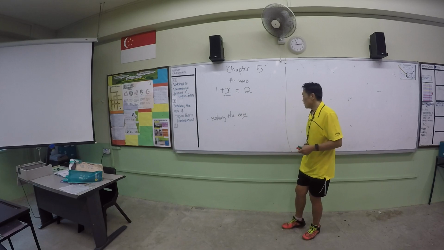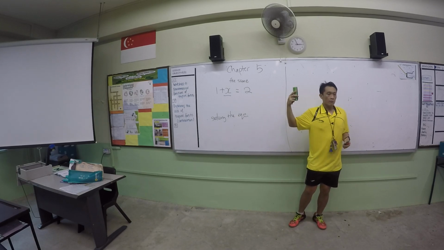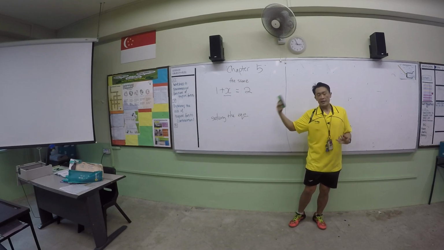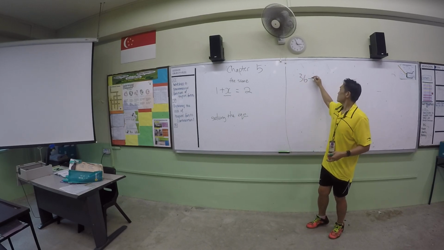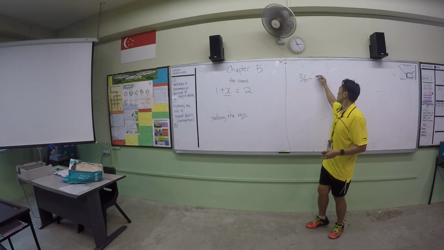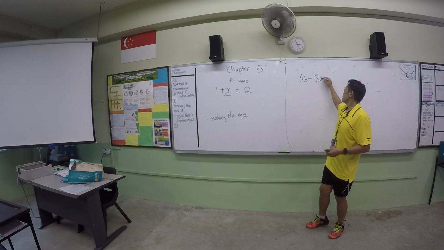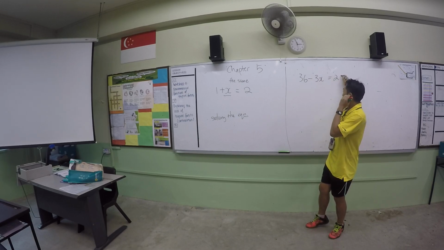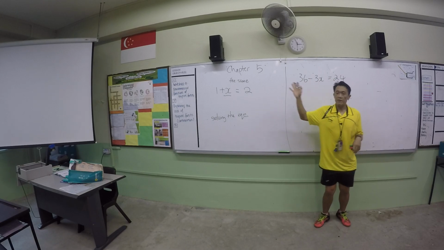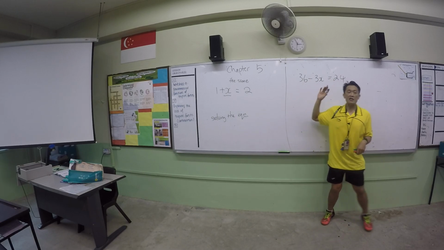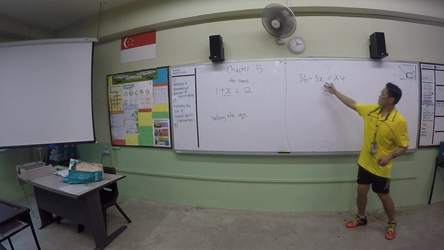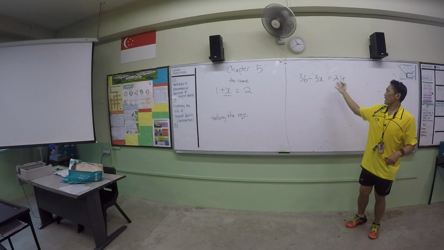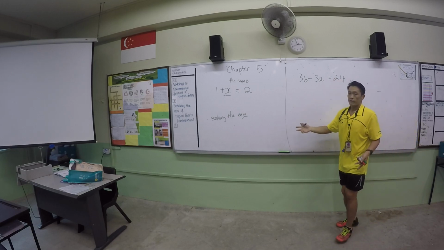But the numbers can get more and more complicated, until you cannot tell at one glance what must be x that will make left and right the same. 36 minus 24.